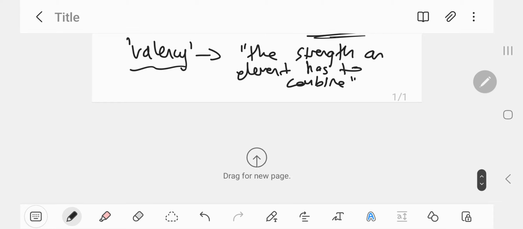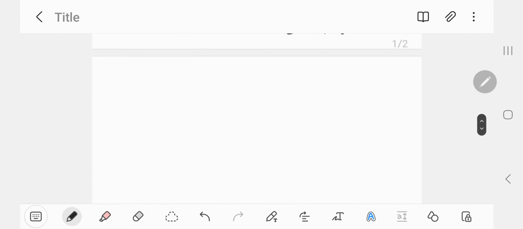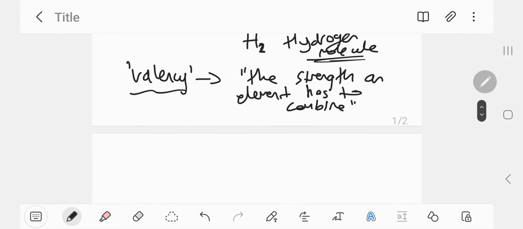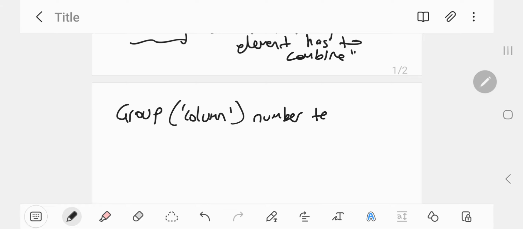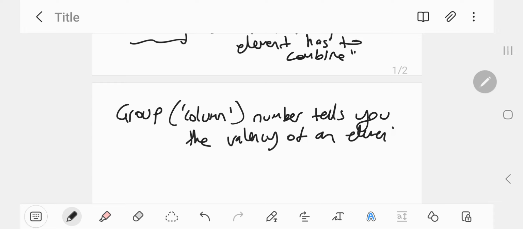The periodic table is a great way to determine the valency of each element, by looking at the groups. A group is another word for column on the periodic table. The group number tells you the valency of an element.